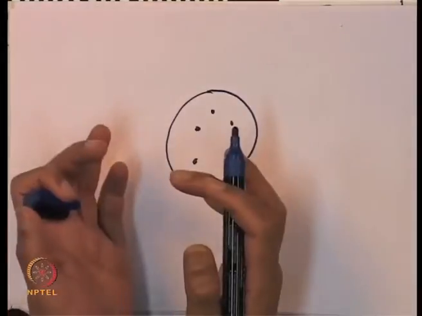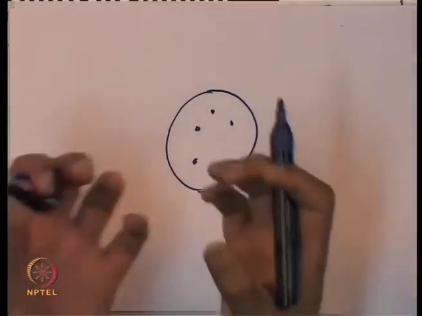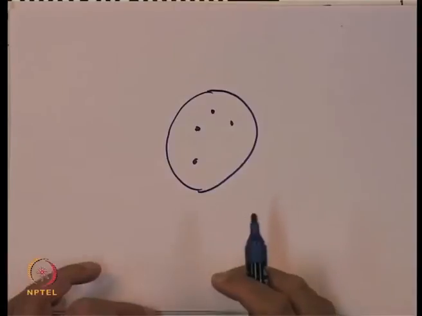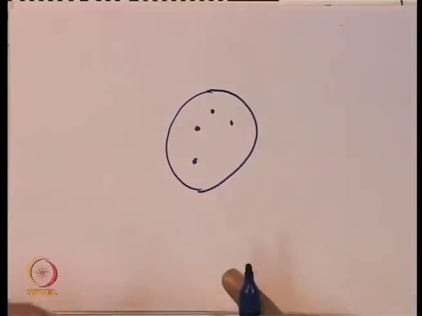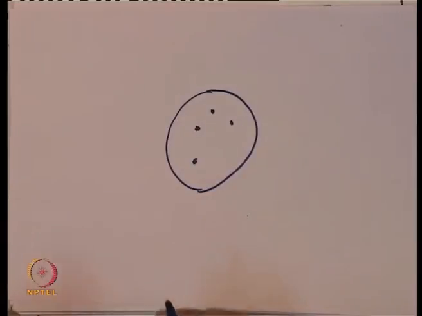But assume that this whole thing is kept under a gravitational field and there is an earth here which is attracting all these particles, and this earth is not a part of the system, then that force will be external to the system. So, the conservation of momentum law says that if external force is 0, then the net vector momentum of all the particles must always remain constant. That is what is called conservation of momentum. Momentum will be conserved.